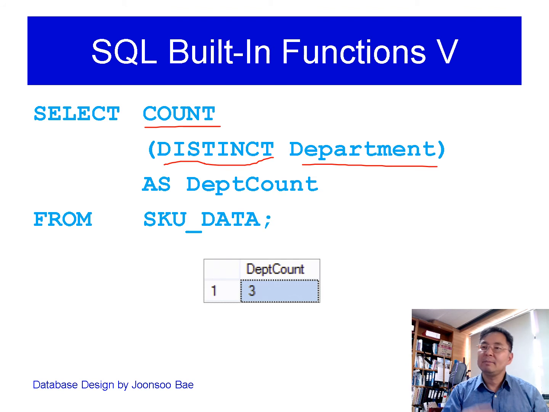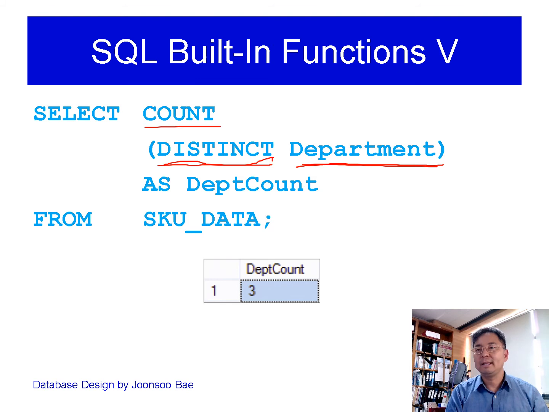There may be many duplicate department data in the data set. I do not want to count the duplicate data. I want to count only distinguishable departments. Then you can use the distinct keyword.